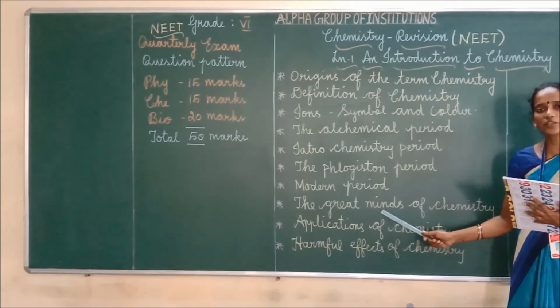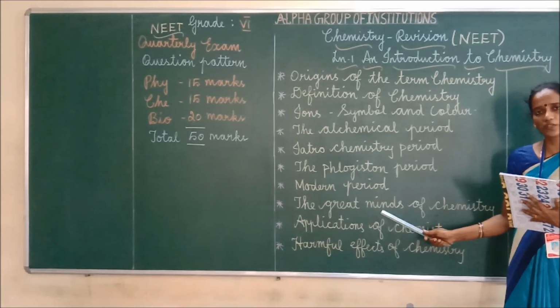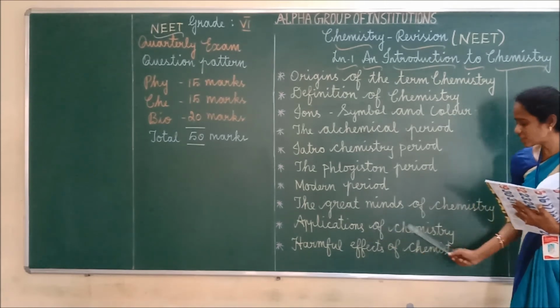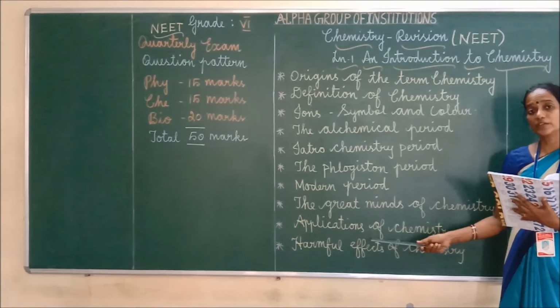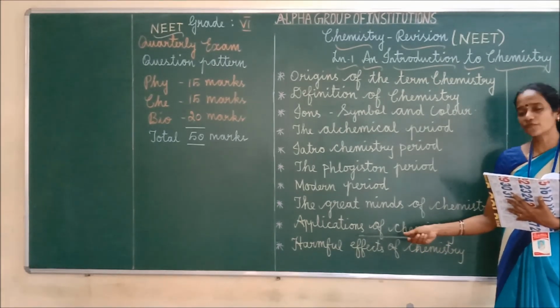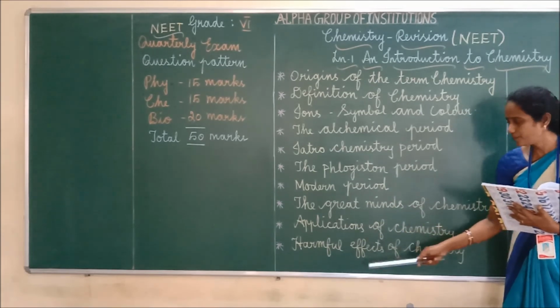It is fully based on the scientists, their inventions and discoveries. So you should know the name of the scientist, and also about their inventions and discoveries. Next, applications of chemistry in various fields. For example, in agriculture, cosmetics, consumer products, useful materials, like that we are using now. So each and every time you should learn.